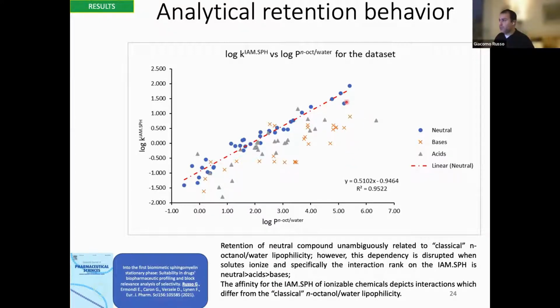However, unlike what happens with the other IAM phases commercially available, we see that in most cases the presence of an electric charge is always disrupting the interaction, and this disruption is higher for bases. So essentially bases are retained less than neutral isolipophilic compounds. This is actually a reversion of the pH piston hypothesis that was formulated by Alex Avdeef, observing the partitioning in liposomes, and then extended this theory to the IAM.PC phases. And this is really an interesting point.